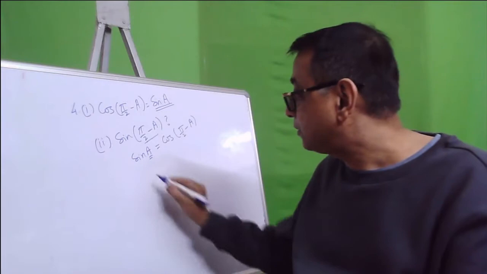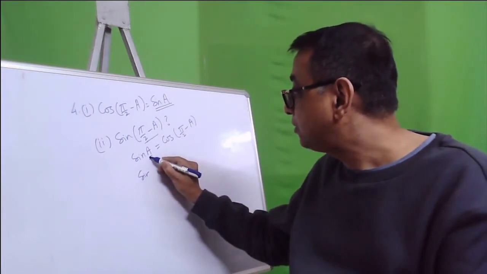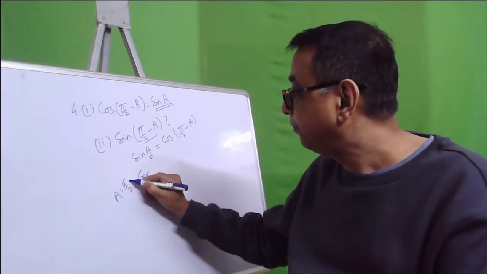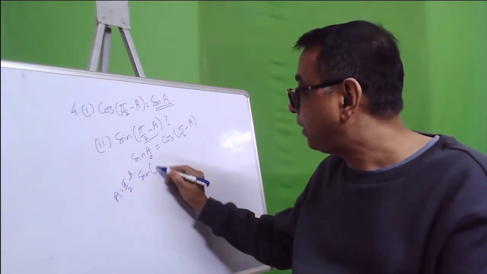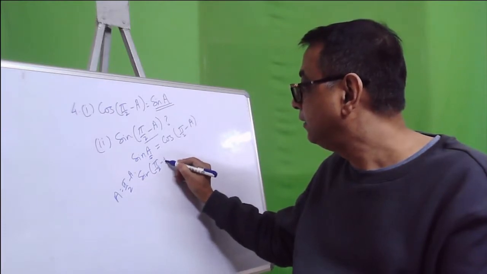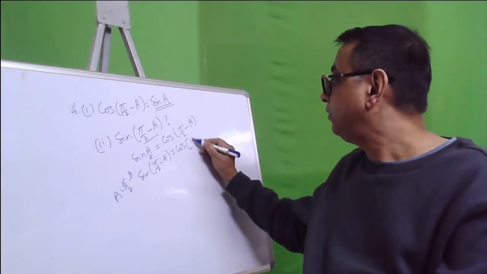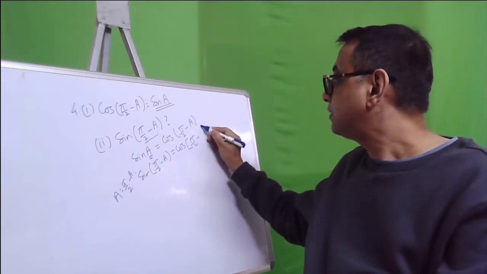So now A is replaced by this. This is very interesting. So sin of, instead of A, let's put A equal to pi by 2 minus A. So sin pi by 2 minus A will be cos of pi by 2 minus, what is A?